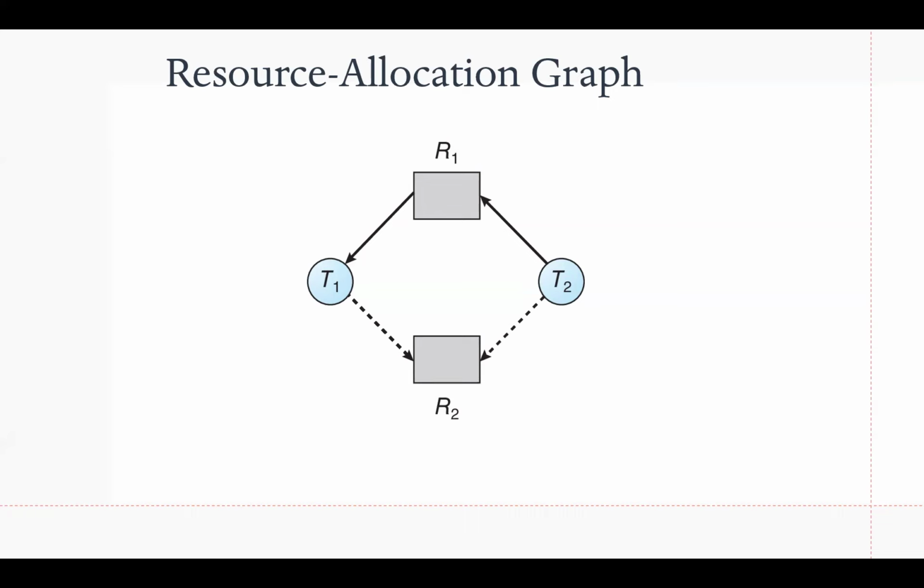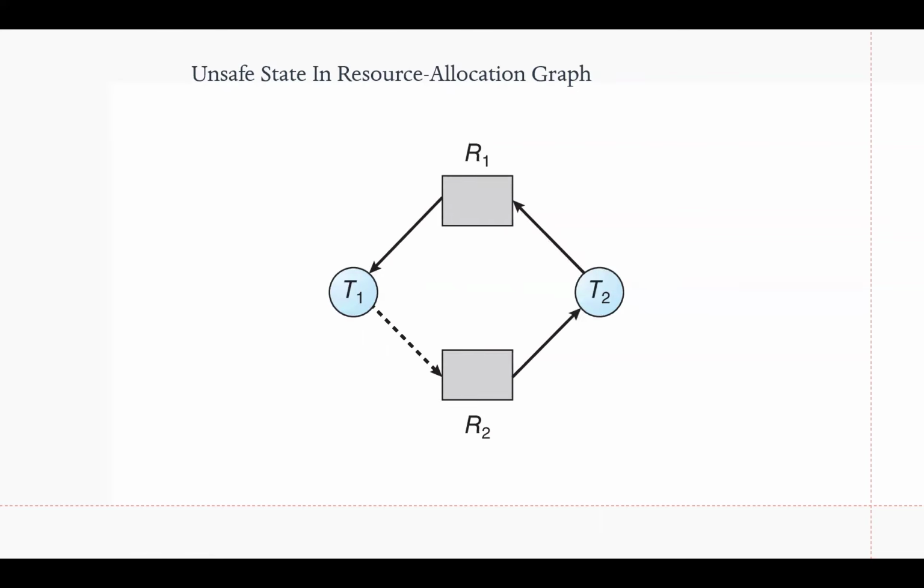Now, when this claim edge gets converted into a request edge or assignment edge, and if the resource allocation graph forms a cycle, then there will be a chance of deadlock. You can see here in this graph the unsafe state in a resource allocation graph.